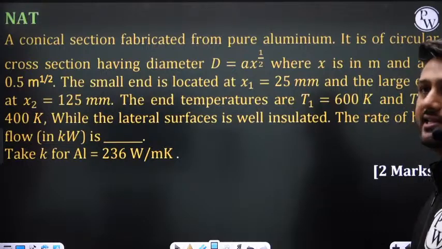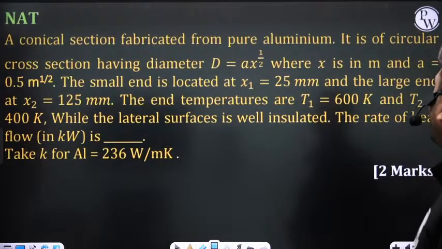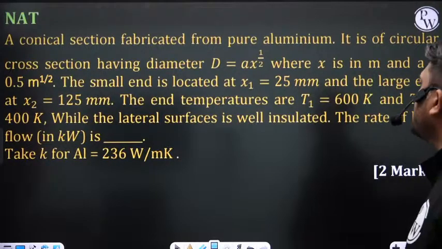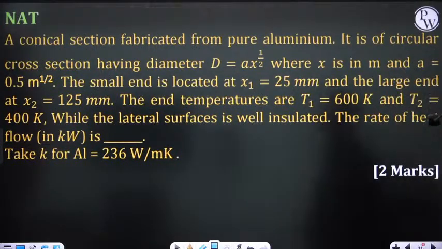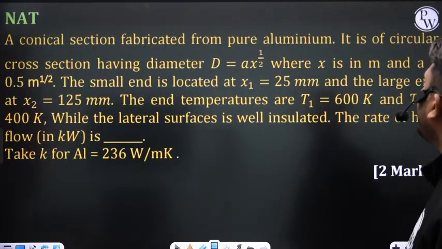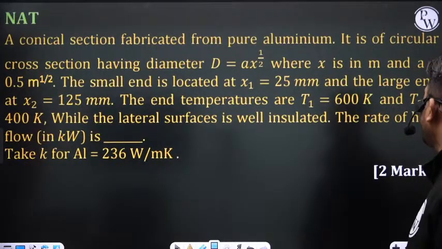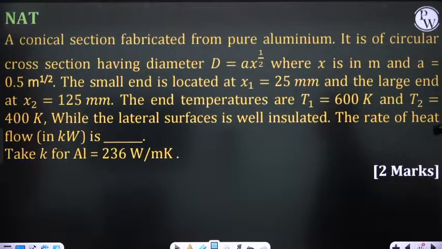Okay, and in this question it is given that a conical section fabricated from pure aluminium. It is of circular cross section having diameter d is equal to a x to the power 1 by 2, where x is in meter and a is 0.5 meter to the power 1 by 2. And the small end is located at x1 is equal to 25 mm and the large end is located at x2 is equal to 125 mm.